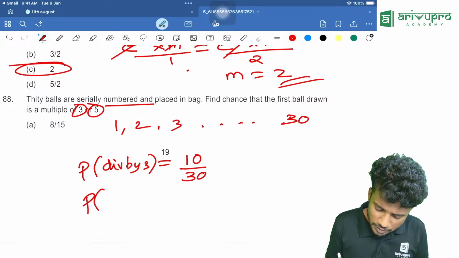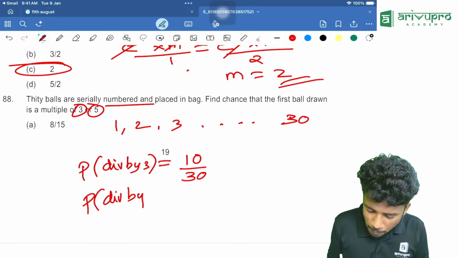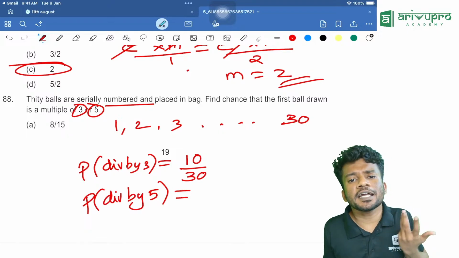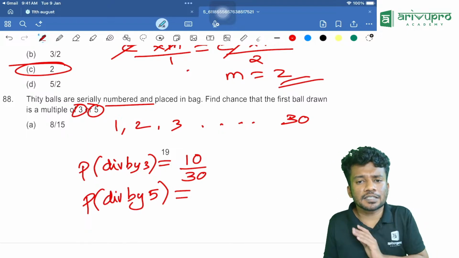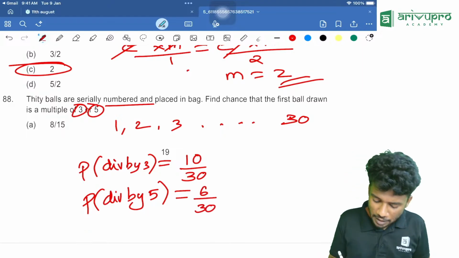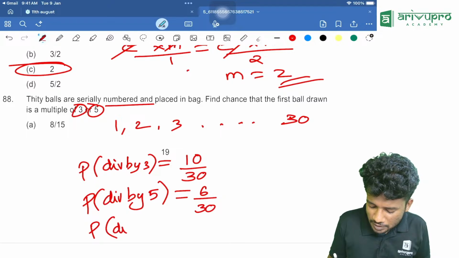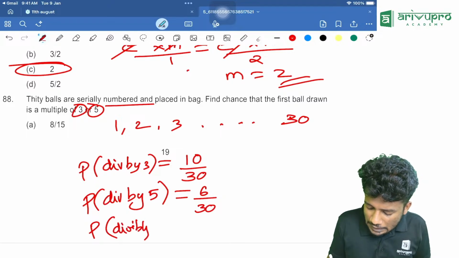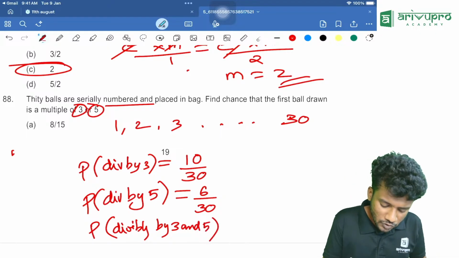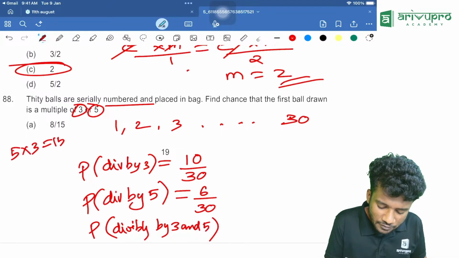Then what is the probability of divisible by 5? How many numbers between 1 and 30 are divisible by 5? We know that 6 numbers are divisible by 5. So 6 by 30. Now, the probability of divisible by both 3 and 5, that means divisible by 15.